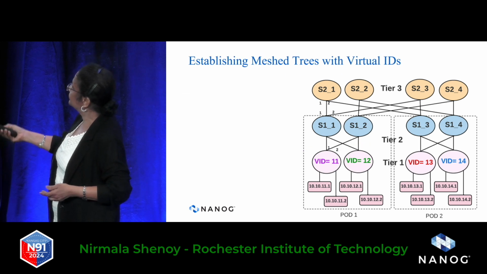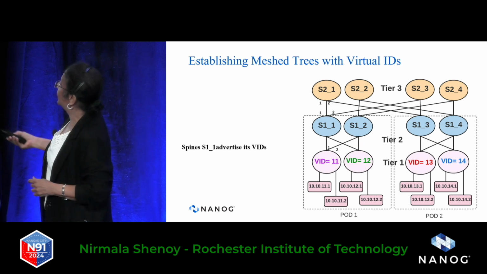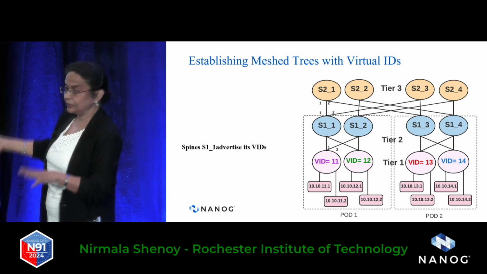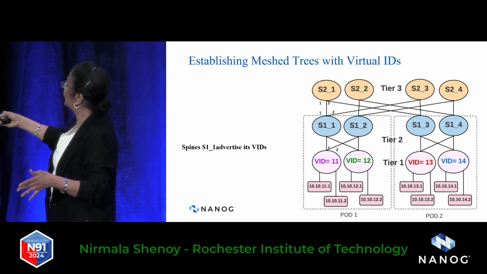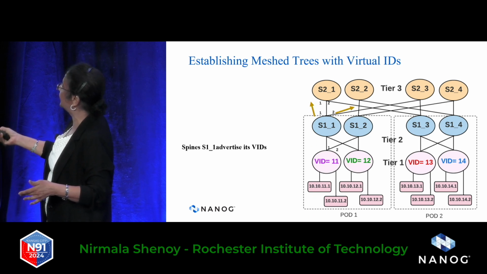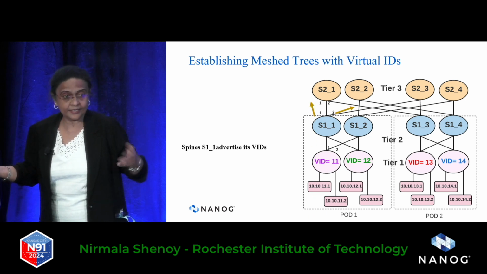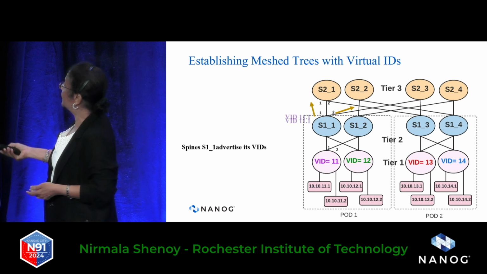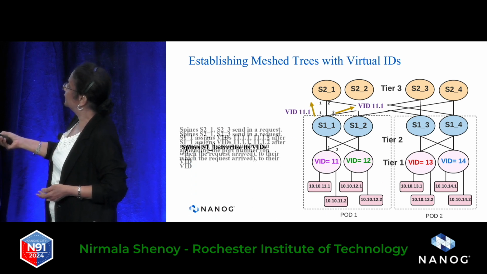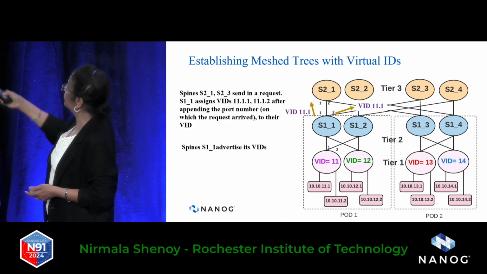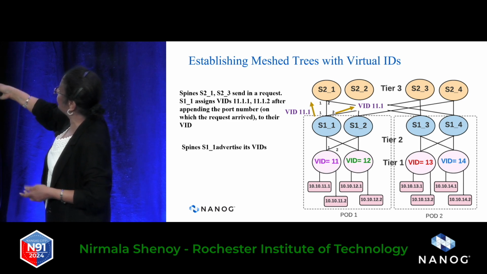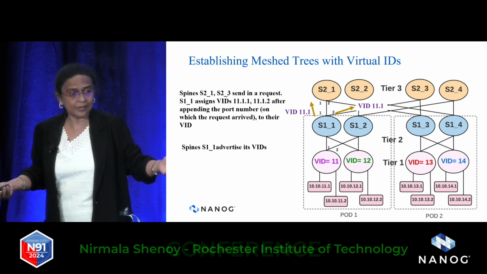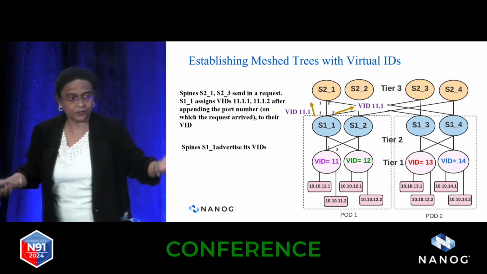And then going to the next slide now, the spine S11, let's focus only on S11 for the timing, right? The spine S11 will now advertise its VID 11.1 and so it is being advertised to S21 and S23. S21, S23 will send in a request saying, I would like to join your tree branch or your tree.